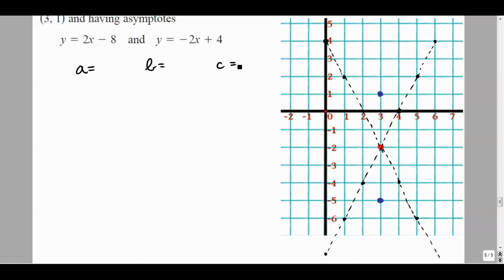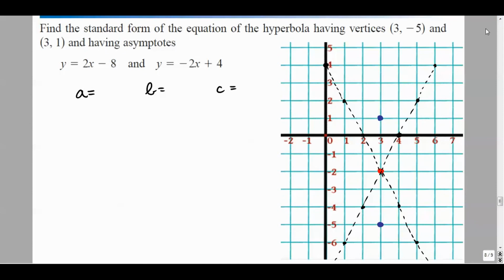b, and c values. And to do that, since we don't have any information about the foci in this problem, we have to have a really good idea of what the asymptote slopes actually mean. In this case, the slope is 2. So if the slope is 2, in a hyperbola where the transverse axis is vertical, this distance is a, the distance from the center to each vertex.